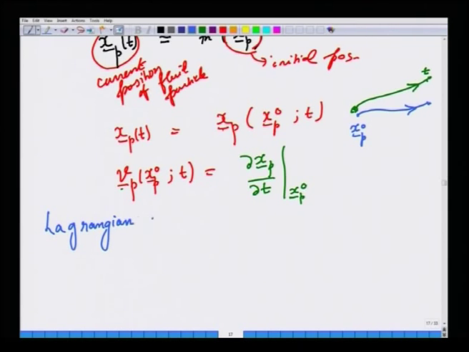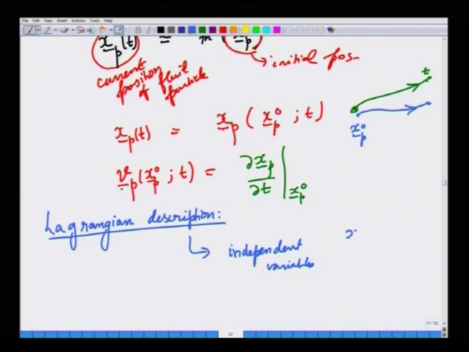It is called the Lagrangian description in fluid flow. What is the Lagrangian description? Well, here the independent variables are the initial position of various particles, that is a label, and time.